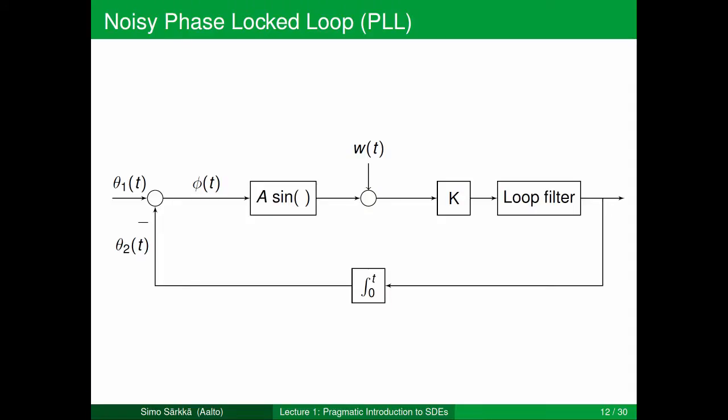It is also possible to analyze phase-locked loops using stochastic differential equation models. For example, this particular model of a phase-locked loop was studied by Viterbi in his 1966 book.